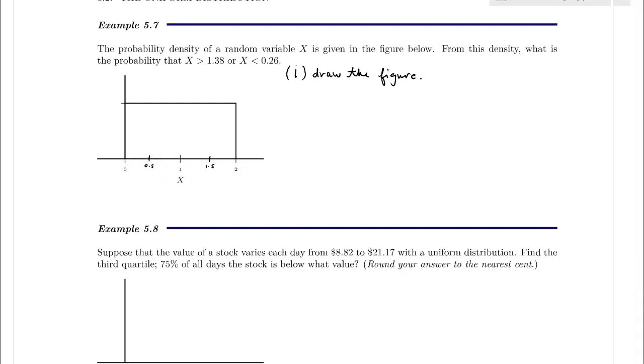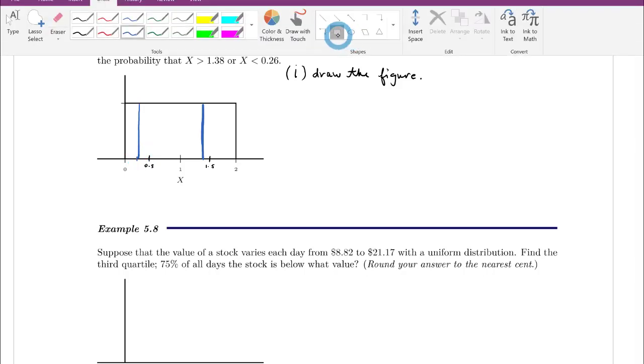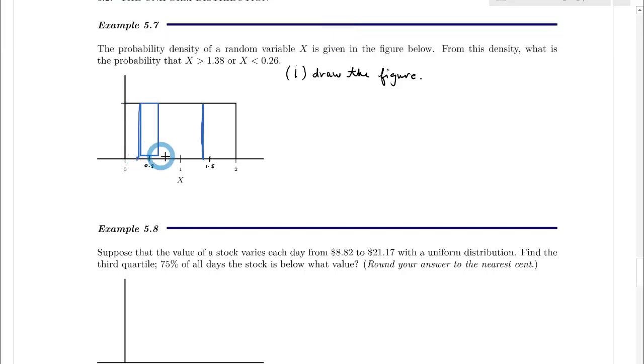So then we could see that 1.38 is probably about here. And 0.26 is about halfway here. So let me go ahead and try to draw a rectangle there. And then I'll shade.